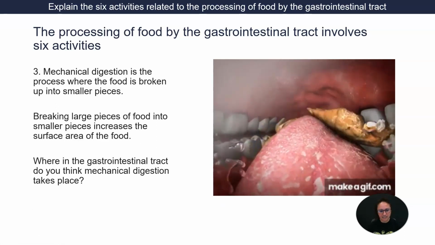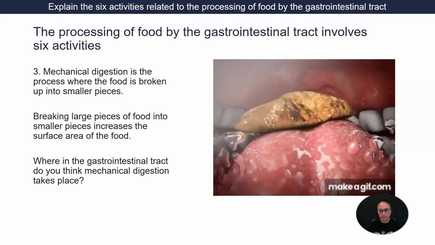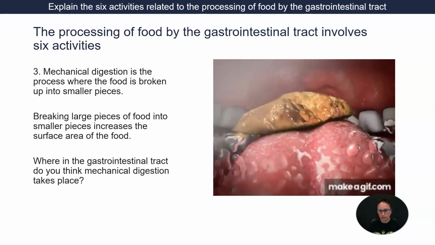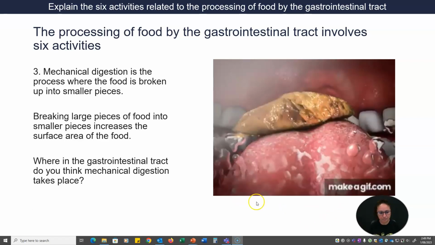When you break down a big piece of food into smaller pieces of food, that is called mechanical digestion. And what is the point of that? Well, the point of breaking down big pieces of food into small pieces is that you want to increase the surface area of the food, and that'll become important later on.